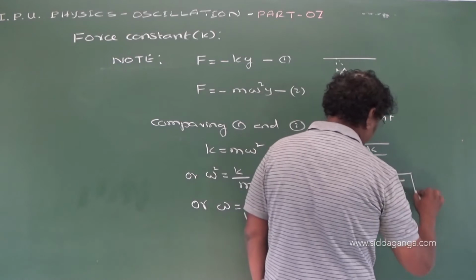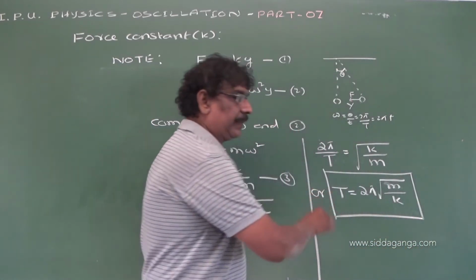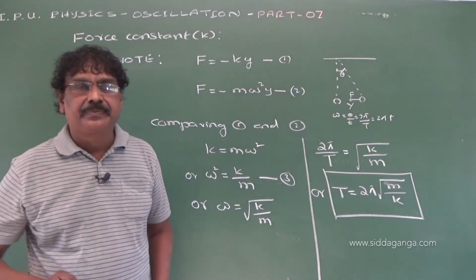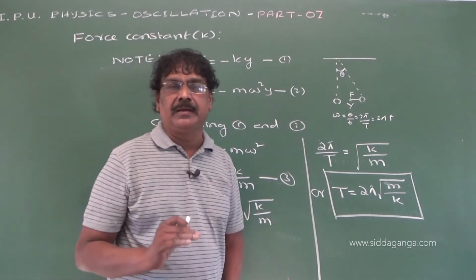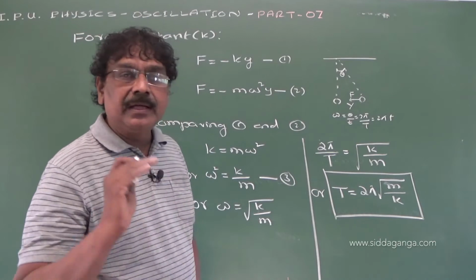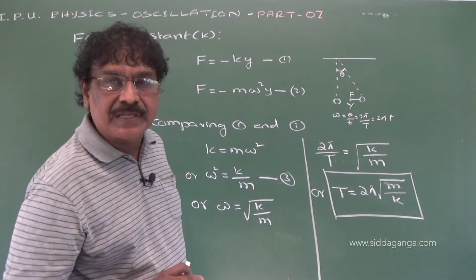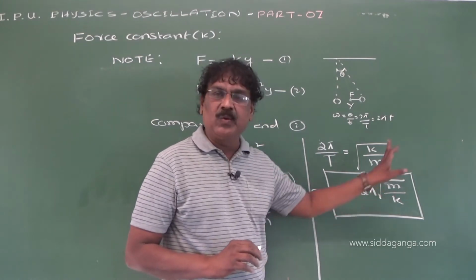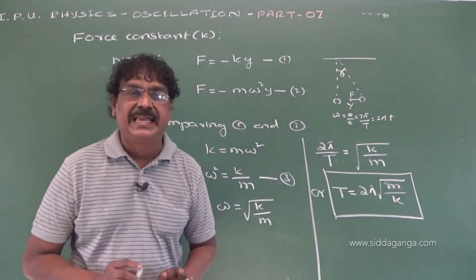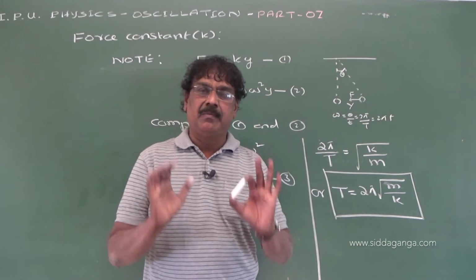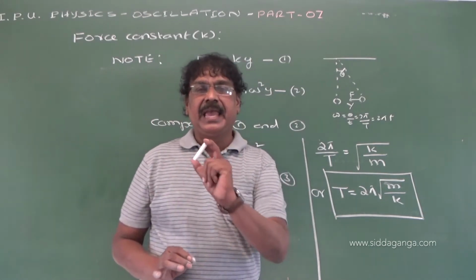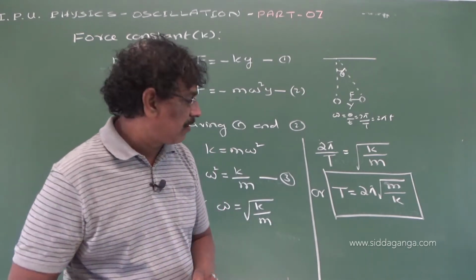In general, for any body executing simple harmonic motion, the time period T is equal to 2 pi into square root of m by k, where m is the mass of the body executing simple harmonic motion and k is the force constant.